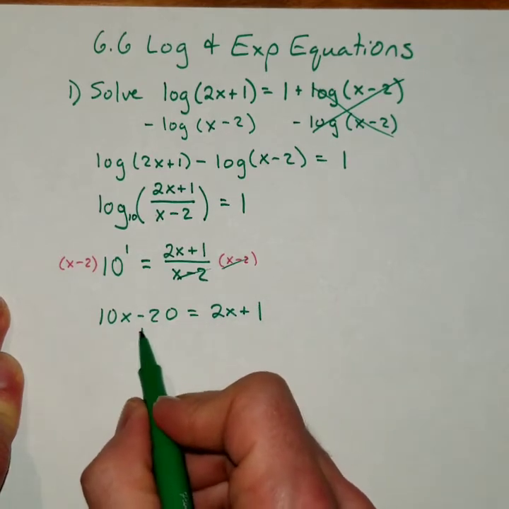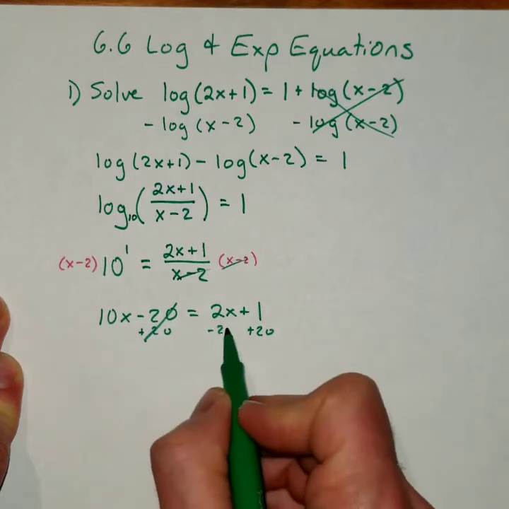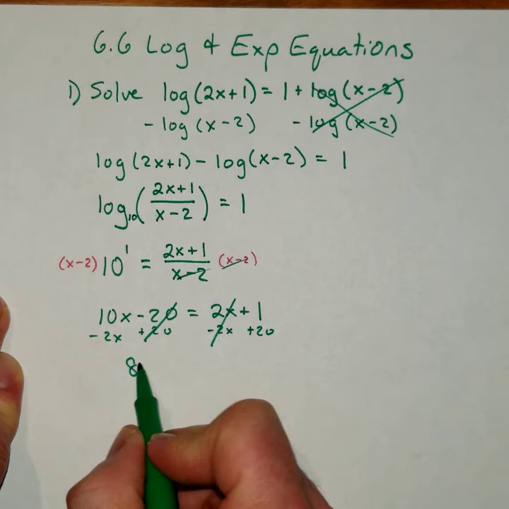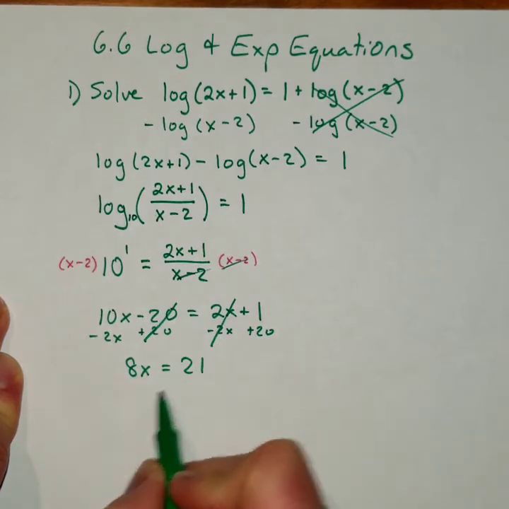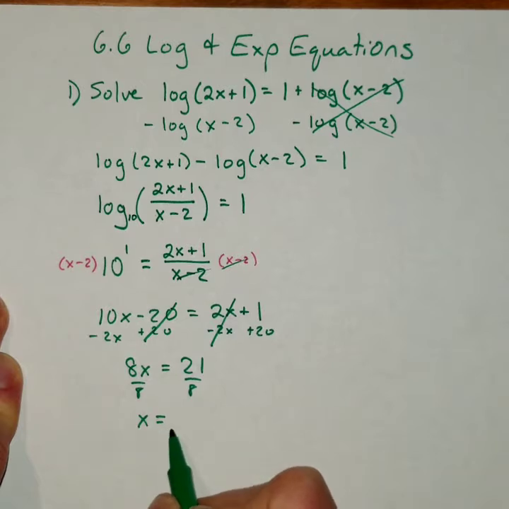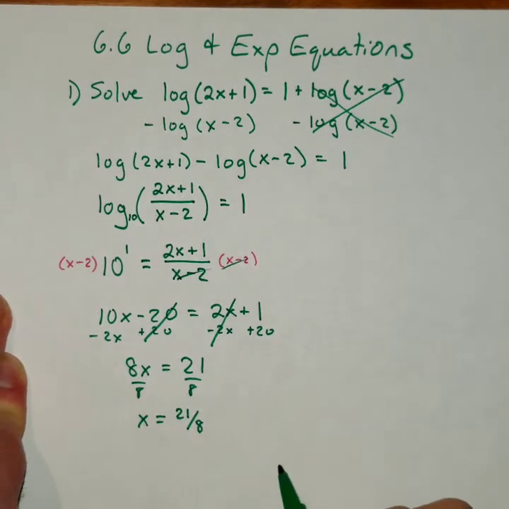Of course, if I add the 20 to both sides and subtract the 2x from both sides, I'll get 8x equals 21, divide by 8, and x will equal 21/8.